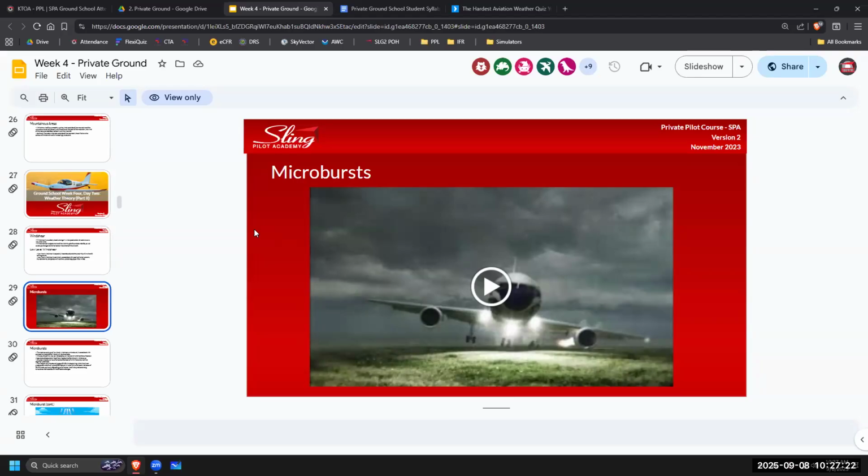After the crash of Delta 191, the Federal Aviation Administration races to develop technology that can prevent microbursts from killing again. If there is one crash that we can look back on now and say, this made things safer because we learned from it, it was Delta 191.